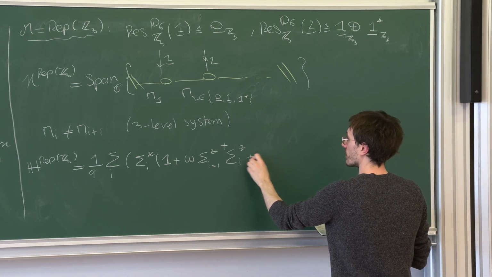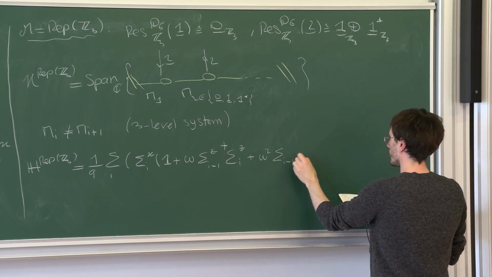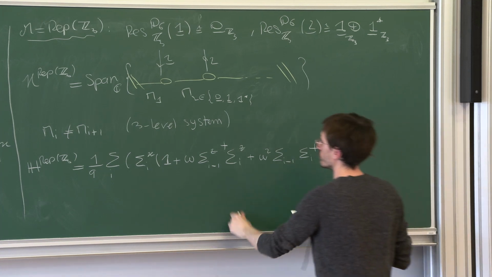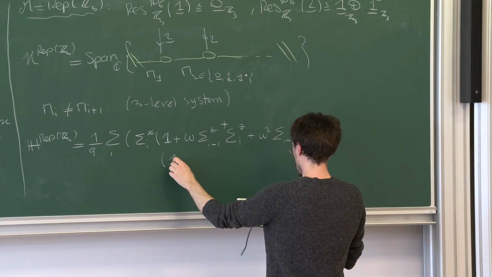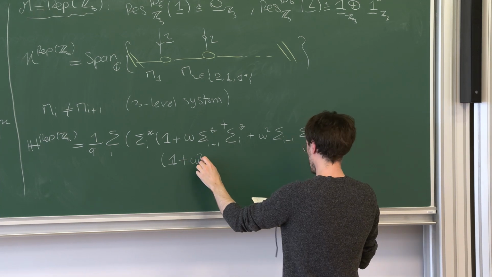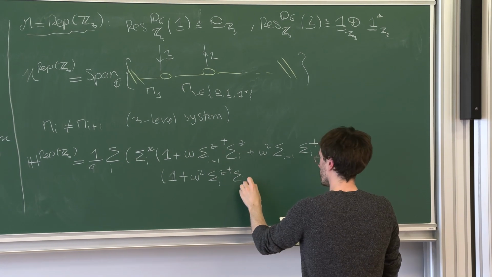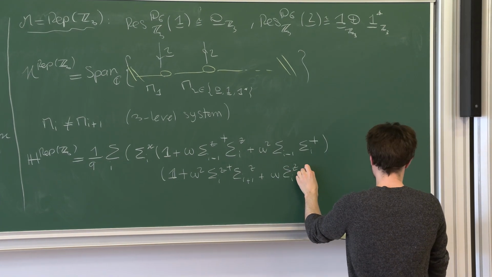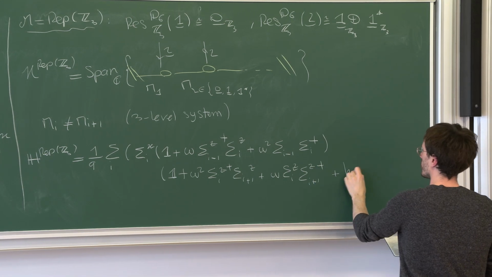The rest I'm writing down right now is just something that is going to project out the configurations that are not allowed, just to make sure that when you act with this sigma x, you're staying in the same Hilbert space. Plus the Hermitian conjugate.